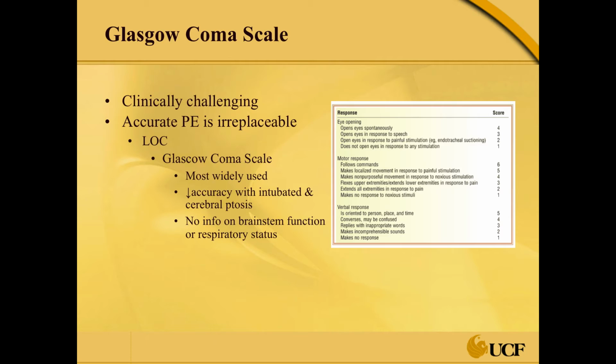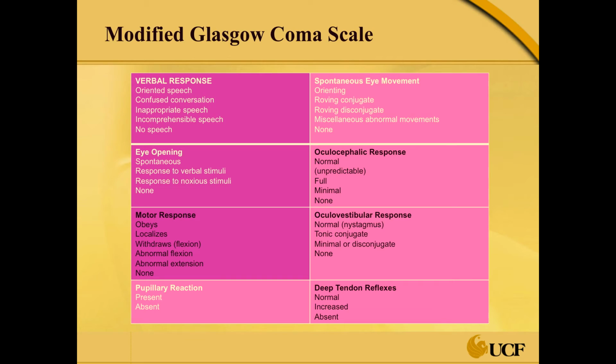It is going to be less effective in patients who are intubated, and we don't really have a lot of info on the use of the GCS in terms of assessing brainstem function, and it doesn't really take into effect respiratory status, obviously, as well. So, all those things are very important with brain injury, and you're not going to capture that on the GCS, unfortunately.